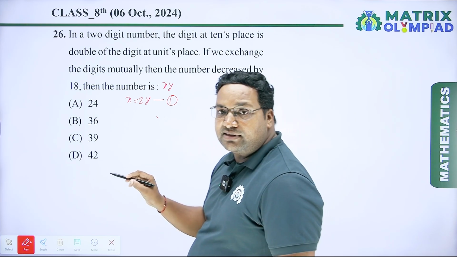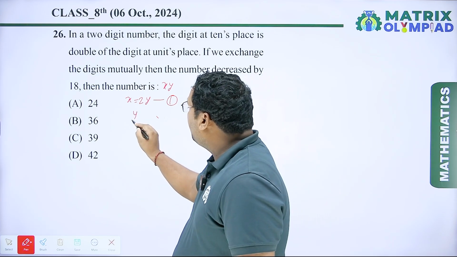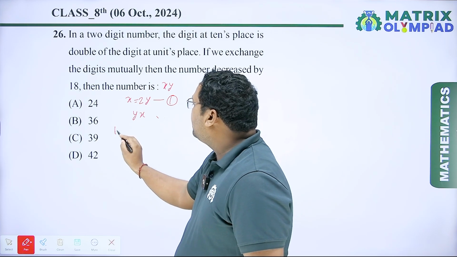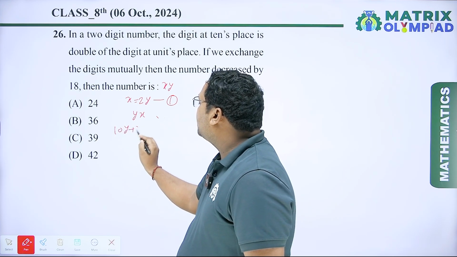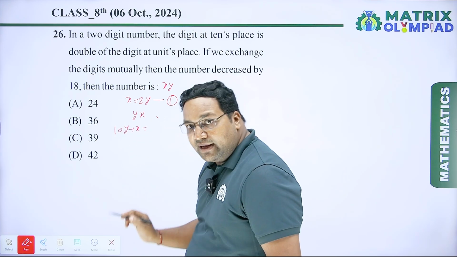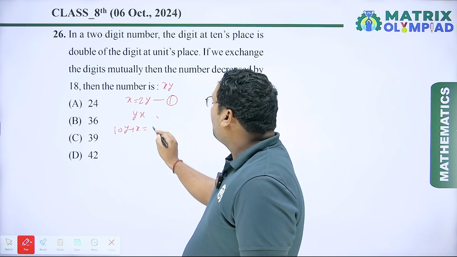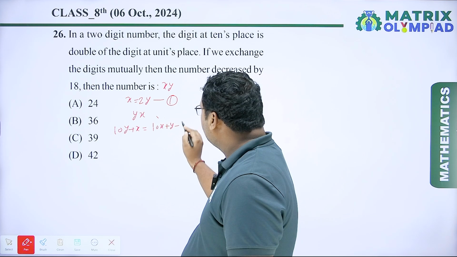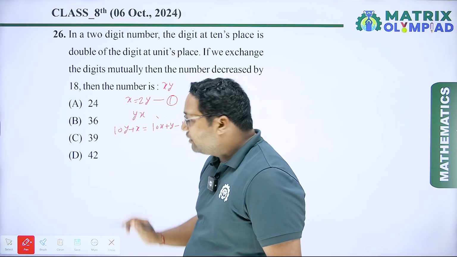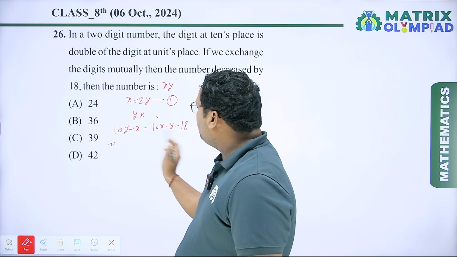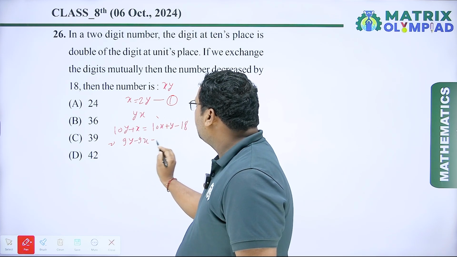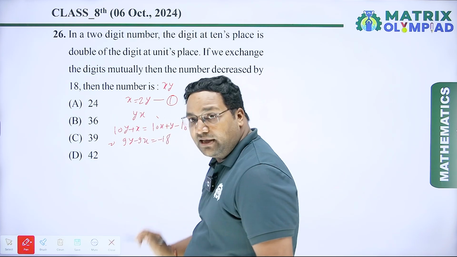So if we exchange the digits, then the number is yx, and this number I have to write is 10y plus x. So this is the new number, and this number is equal to the original number 10x plus y minus 18, right? So we have to solve this equation. So it is 9y minus 9x is equal to minus 18.